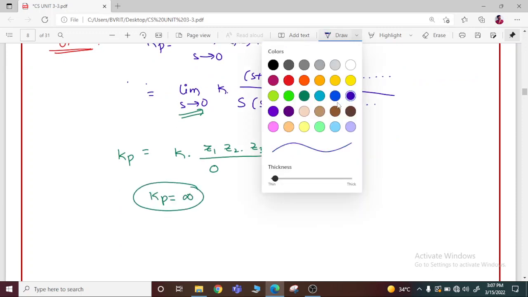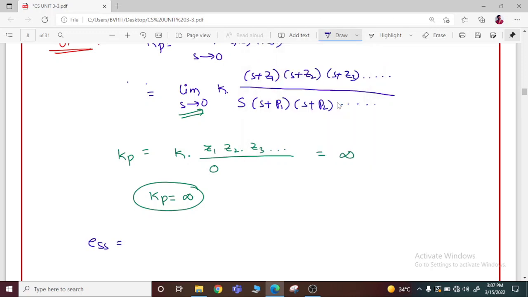And the steady state error formula, we know, is 1 by 1 plus Kp, which is 1 by 1 plus infinity, which is nothing but 0. So for type 1, I got Kp as infinity and ESS as 0. If I take type 2, type 3, type 4 and so on, whatever you take, you will get zero steady state error.